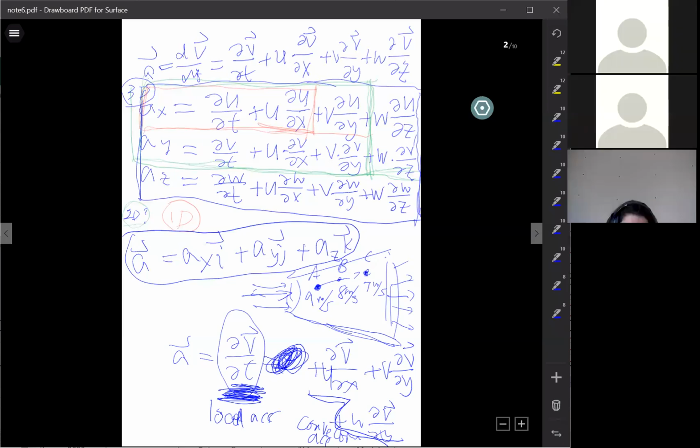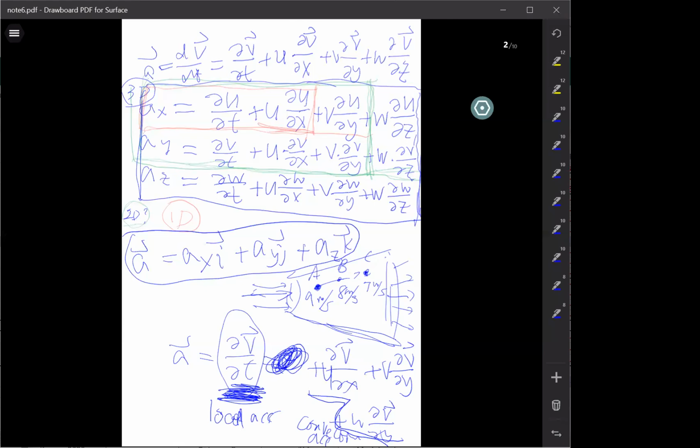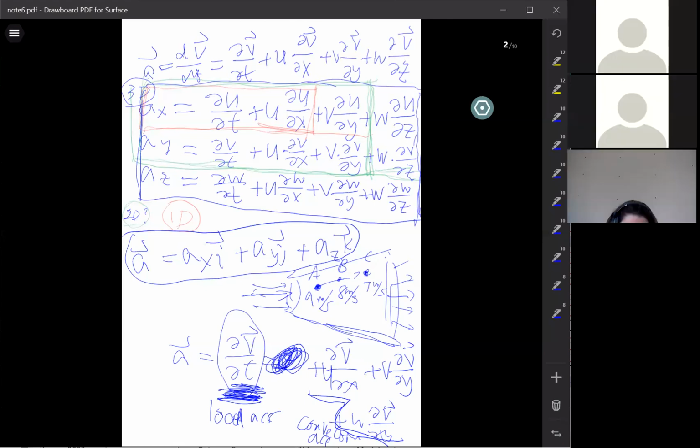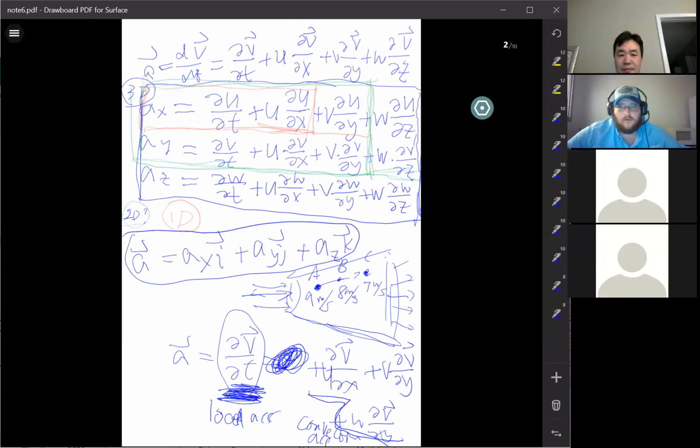Did everybody hear me clearly? This is a review. You will probably have a quiz later about this, so please pay attention to everything. So in three dimensions, ax, ay, az. These are the equations for ax, ay, az.